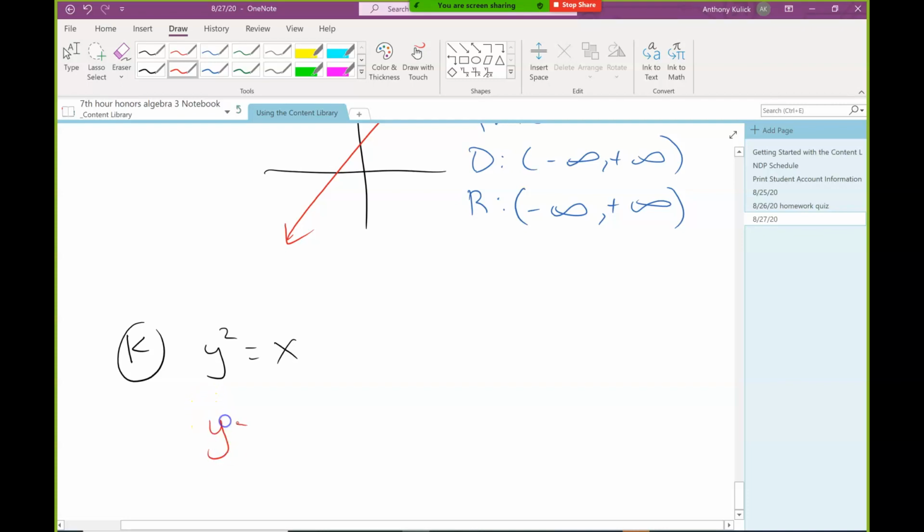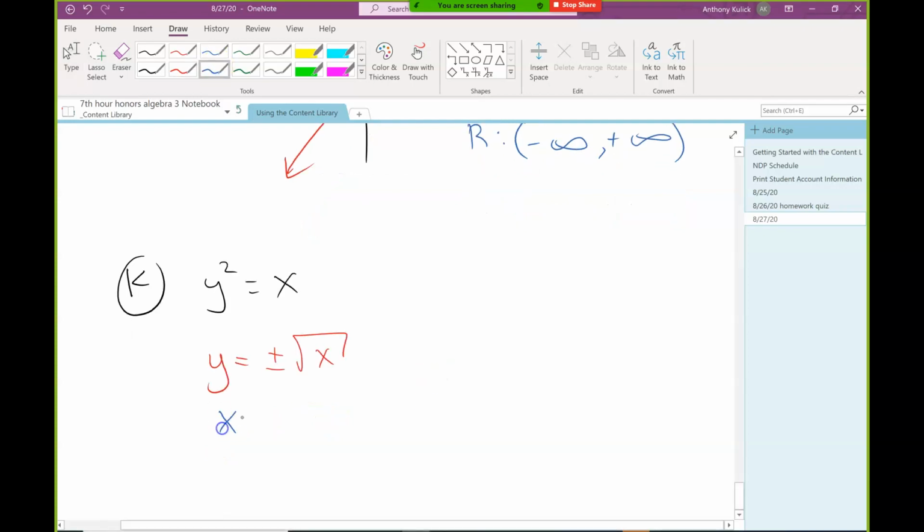Square root both sides. When we square root both sides of an equation, what do we generate? Plus or minus. And now, without even graphing this, I think we can make some distinction here, right?